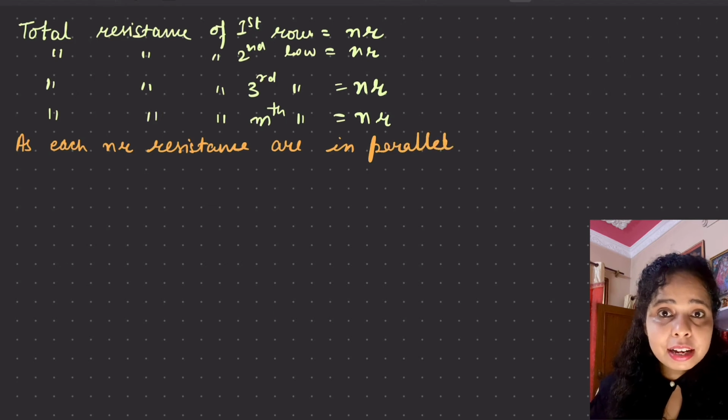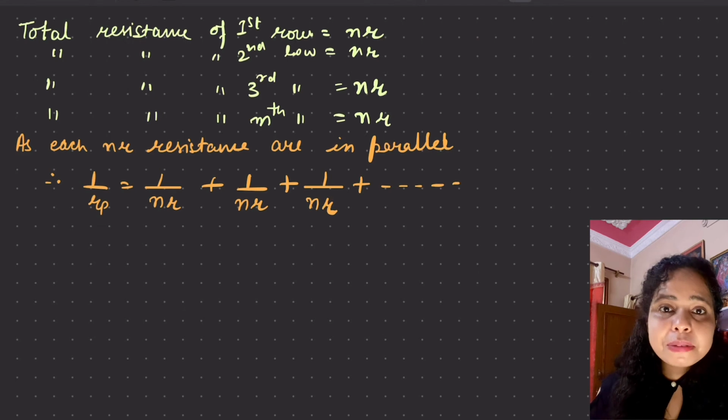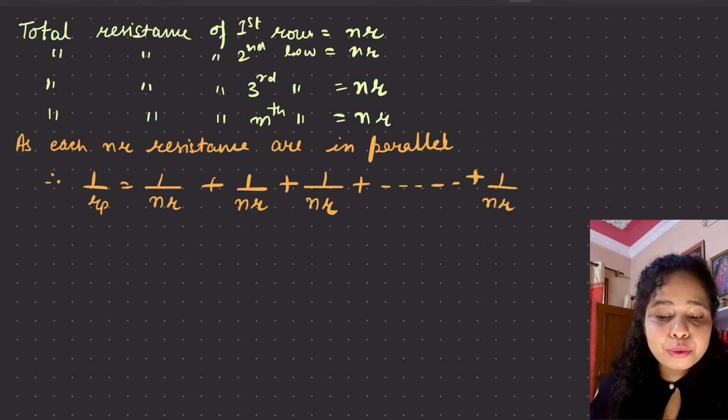Therefore I can say 1 upon rp is equal to 1 upon the resistance of the first row, that is nr, plus 1 upon the resistance of the second row, that is nr, plus 1 upon the resistance of the third row, that is nr, and so on up to m terms, because we have m rows.